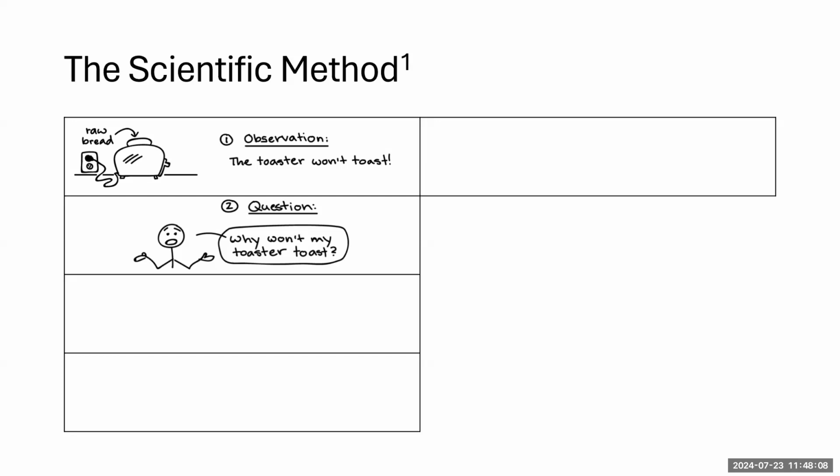So after you've done that, I will note that there is not just one correct answer. There are many possible hypotheses, including maybe there's a broken wire in the toaster, maybe the bread was frozen or the wrong type, maybe the outlet that the toaster is plugged into is broken, maybe the timer setting was too short, etc., etc. So if you wrote down any of those or any others that you came up with, you're probably on the right track.